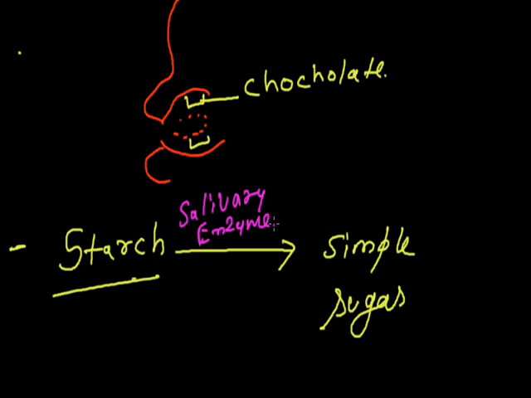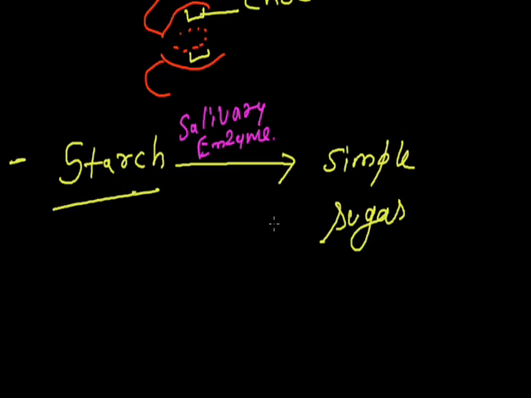This is the first step of digestion, in which our body digests carbohydrate. If there is an exam question asking which nutrient is digested first inside the body, our answer should be carbohydrate, because when it enters the mouth, it is first digested by the salivary glands' enzymes, which convert starch into simple sugar.